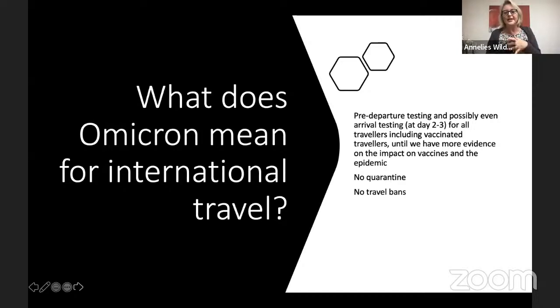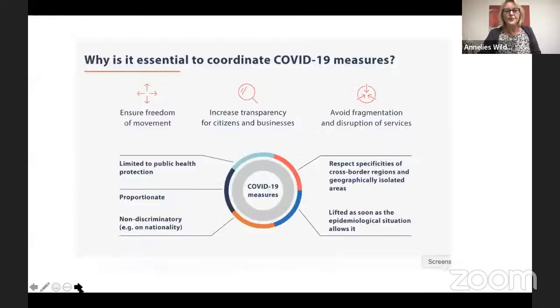We know that vaccinated travelers with Omicron will have less protection against mild infection, so you may still carry it even if you're vaccinated, until we have more evidence on the vaccine impact.